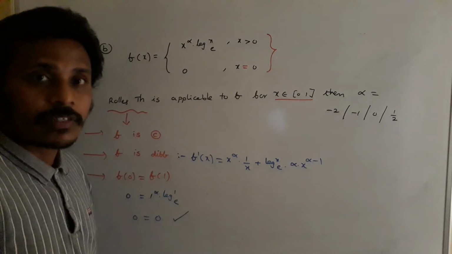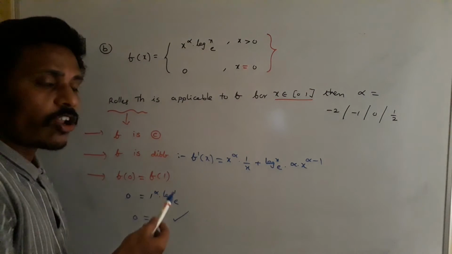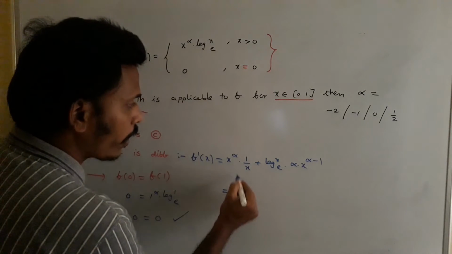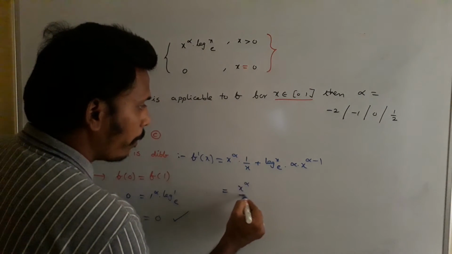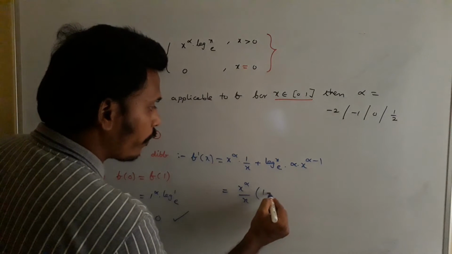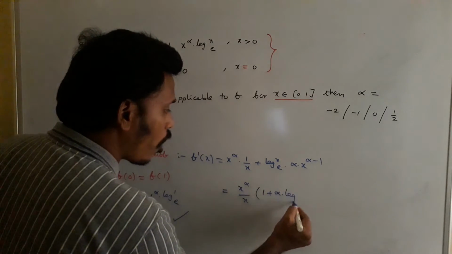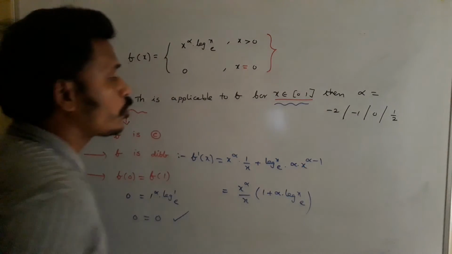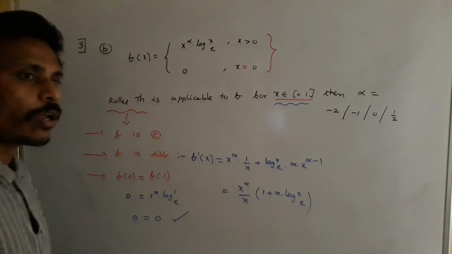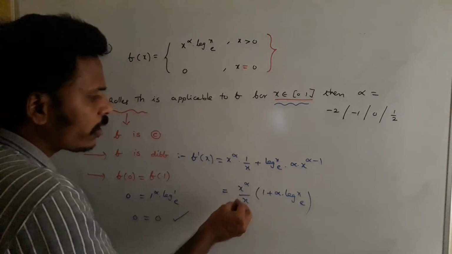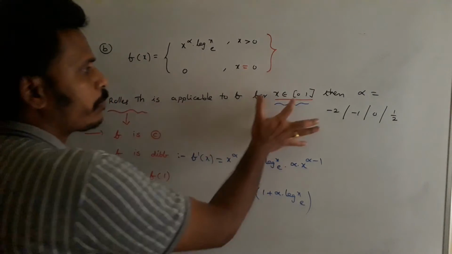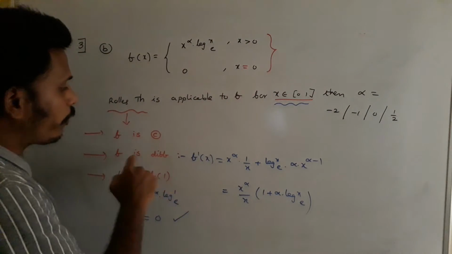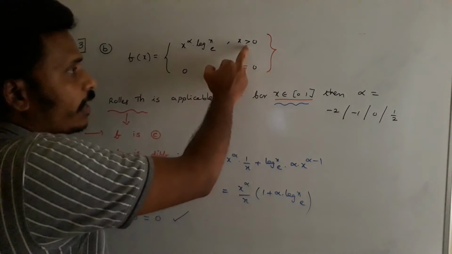If you observe this, the question is saying that Rolle's theorem is applicable, that means f is differentiable. Whether it is right or wrong, we are checking now. See, just look here, this is equal to what? x power alpha by x, if you pick out, you are left with 1 plus alpha into log x to the base e. In this particular region, x belongs to 0 to 1. In this region, this is always differentiable, except the first point 0, and clearly we have here x greater than 0 because we differentiated this function, right? x greater than 0.